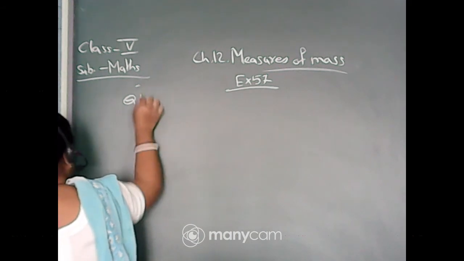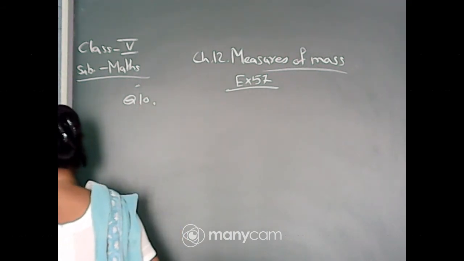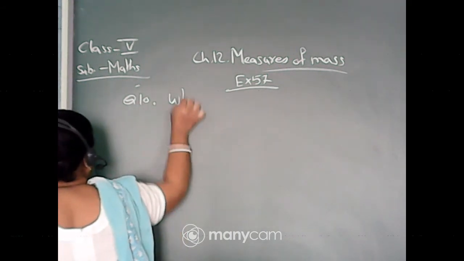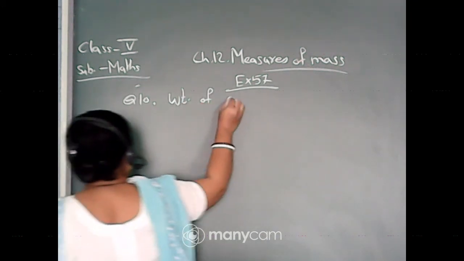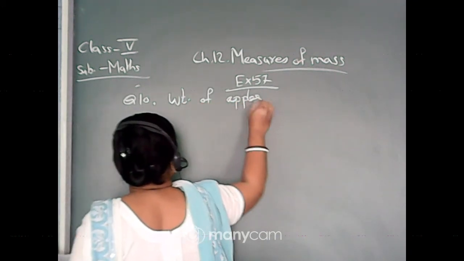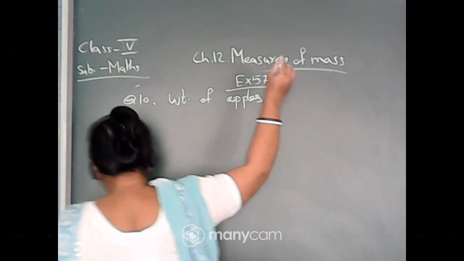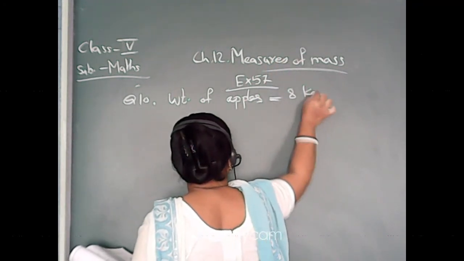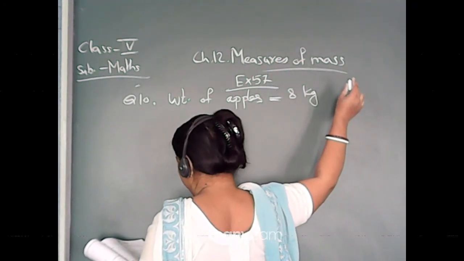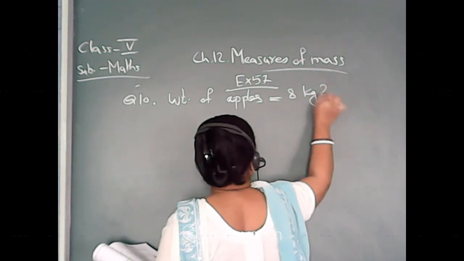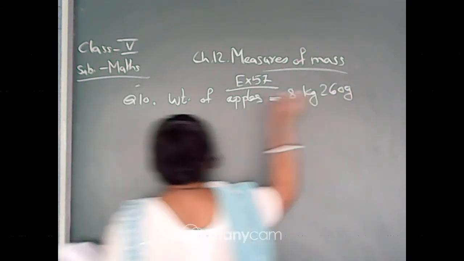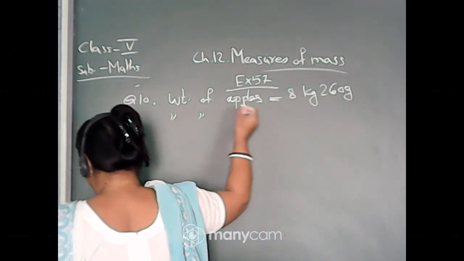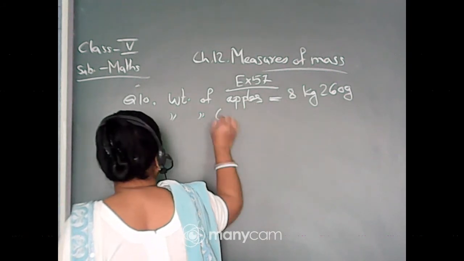Question number 10. So what will you write? Weight of apples. It is given 8 kg and 260 gram. Then weight of chikus.